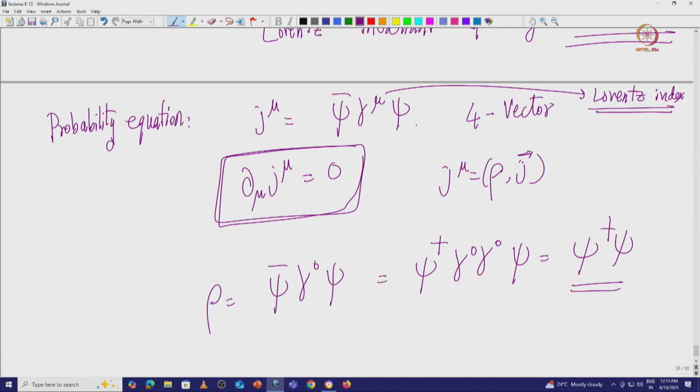This is the covariant definition of this thing. Now you may say that I have not achieved anything by writing in this particular fashion, but this will give me the Lorentz covariance essentially. It is always positive definite, for both positive energy and negative energy solutions.